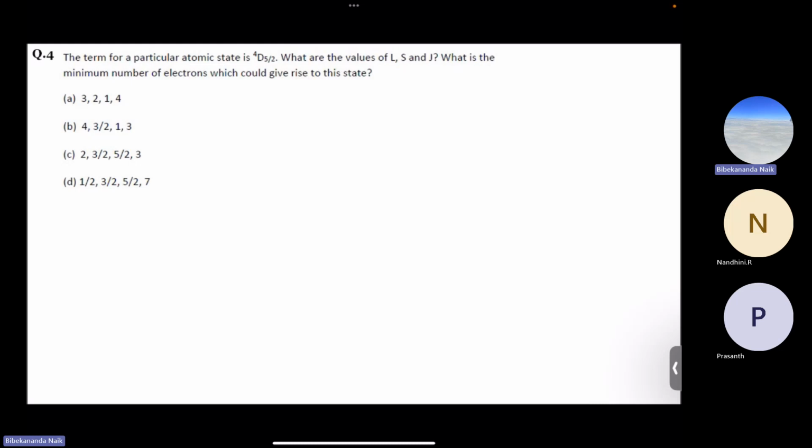The options are: option A, 3, 2, 1, 4, that is L is 3, S is 2, J is 1 and multiplicity is 4. Option B is 4, 3 by 2, 1, 3. Option C is 2, 3 by 2, 5 by 2, 3. And option D is 1 by 2, 3 by 2, 5 by 2 and 7.